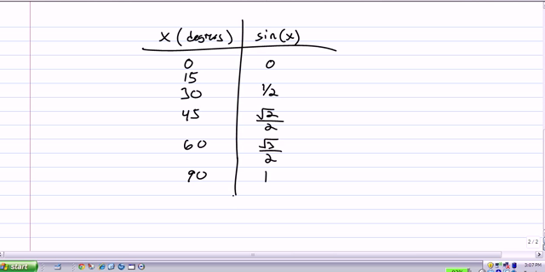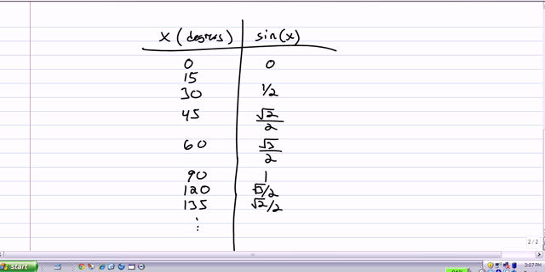Let me make some more room here. Now, how far would you go with your x values? You could go 90, then 120, where the sine is root 3 over 2. Then 135, that's root 2 over 2.